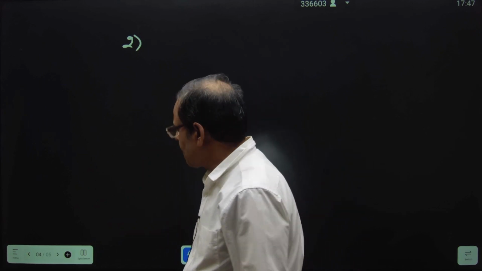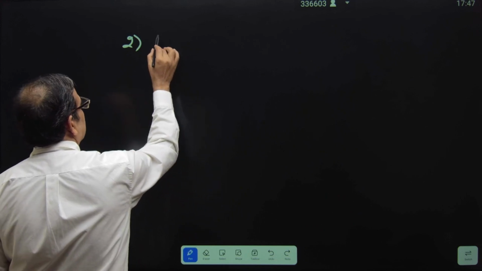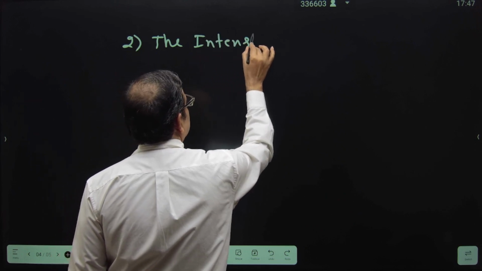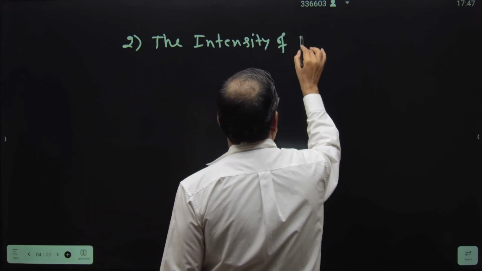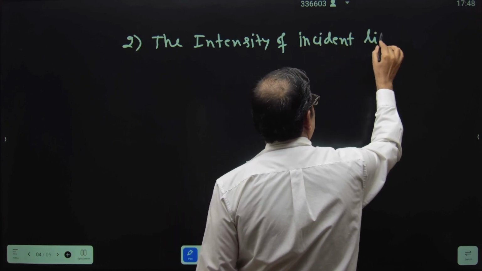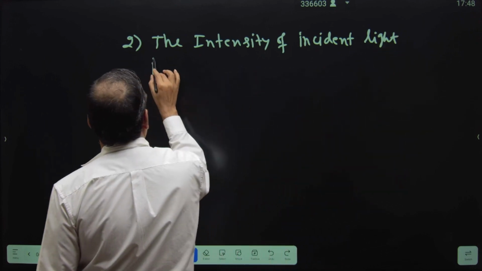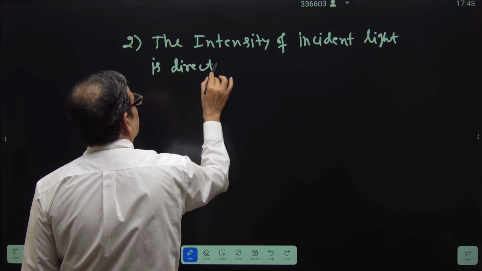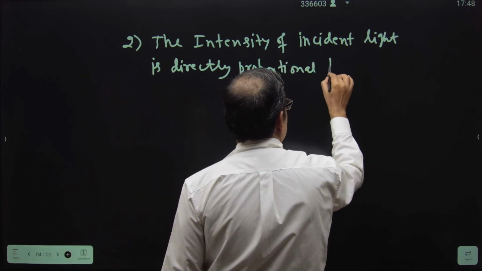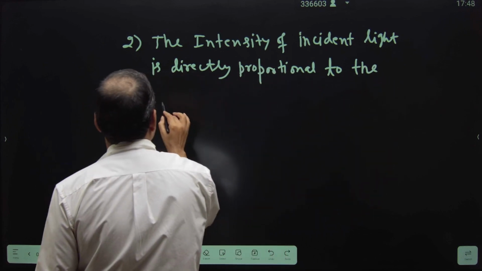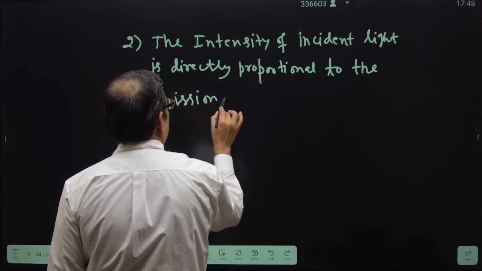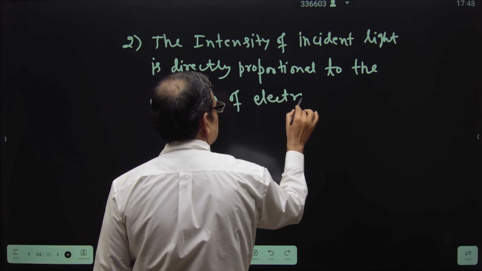What I say in a simple way: the intensity of incident light is directly proportional to the emission of electrons.